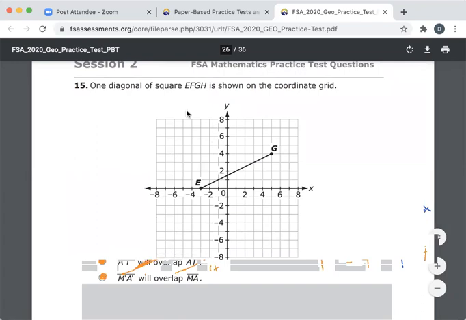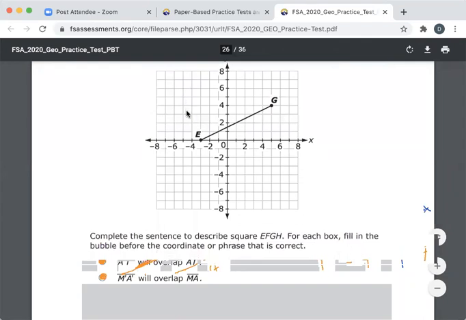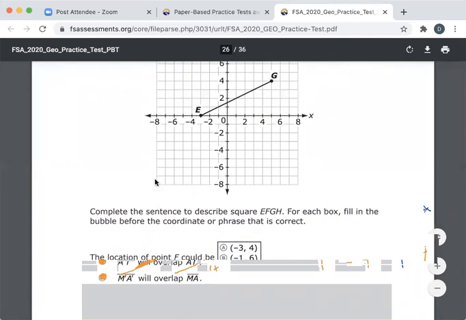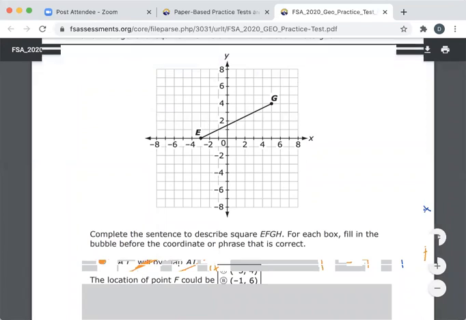One diagonal of square EFGH is shown on the grid. So this is the diagonal of a square. Let's see, complete the sentence to describe the square. So I'm going to draw the square. Let's see, the midpoint of my line, I think, no, that's not it.